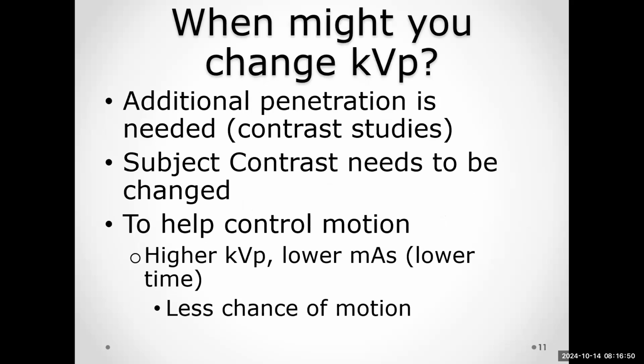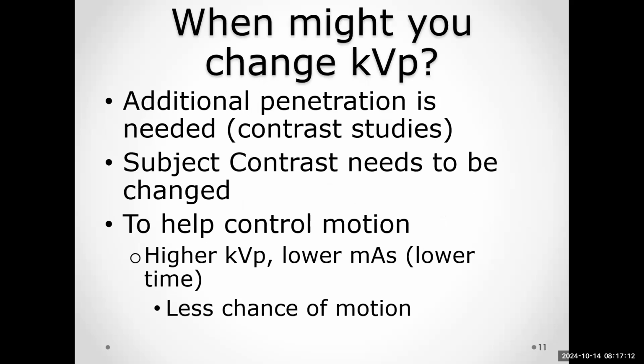So when might you change the kVp? If you need additional penetration, like for a contrast study. We started talking last week about contrast, when we give patients contrast, and that's to increase the subject contrast. It's to visualize parts that typically we wouldn't see if we don't give them some kind of contrast.